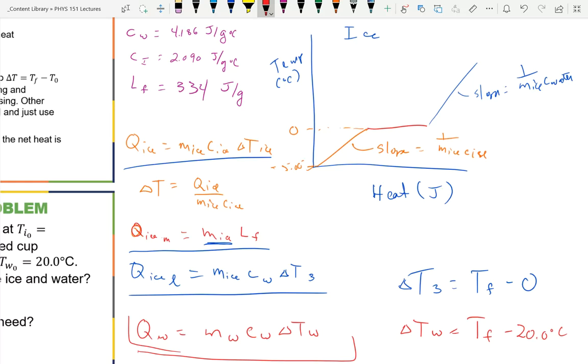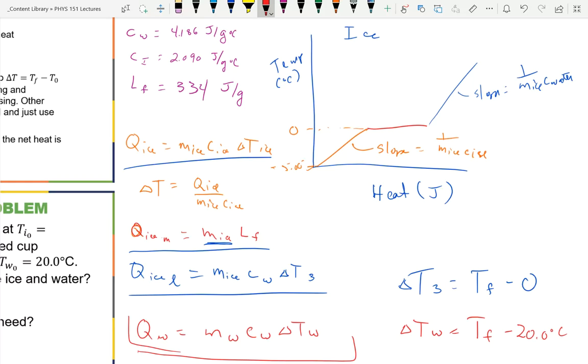This one we don't know yet. That's what we don't know. So then ours is going to be the change in temperature, T sub F minus 0 degrees. Because in the first one, the delta T of ice, that's not the final heat of ice, that's final ice.